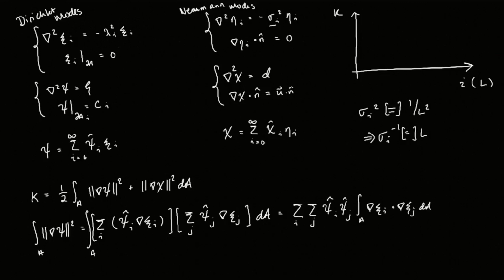So we need to figure out how to evaluate this integral. So I'm going to flip the page. Okay, so we want to calculate grad xi I dotted with grad xi J dA.